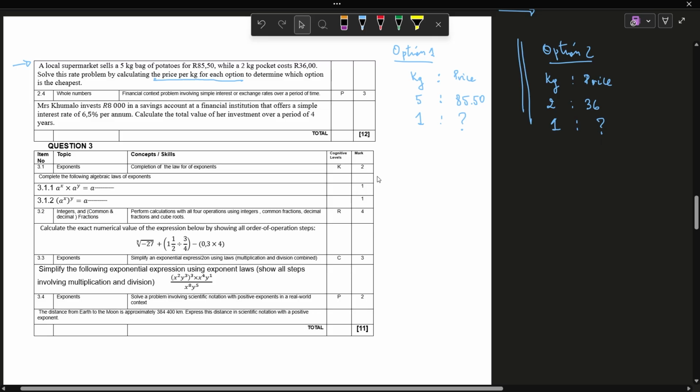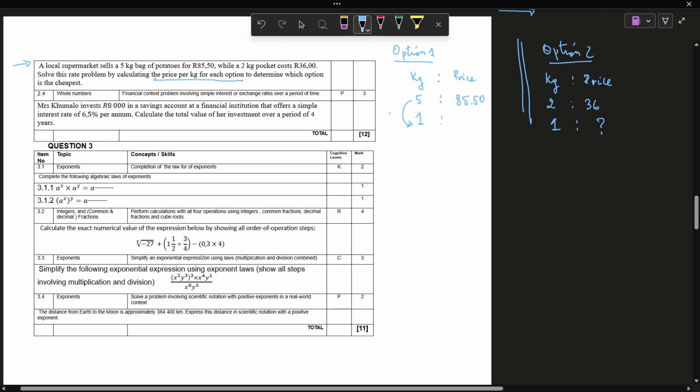So again, these are ratios, and remember, ratios and fractions are all related. It's the same concept. And then what is happening here? What will be the price here? From this line to the next line, what happened?